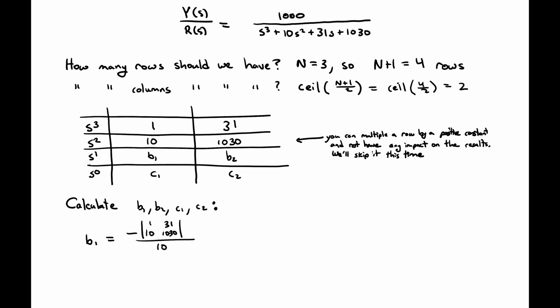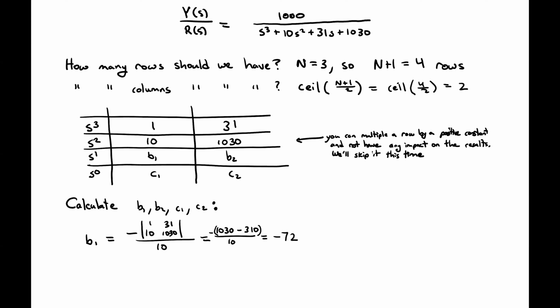Then we go to B1, we go up a row, we go 1 column to the right, which has 31 and 1030 in it. That's our right column for this matrix. We're going to take the determinant of that, make it a negative, and then we're going to divide it by going to B1, going up a row, going all the way to the left, that value there, which is going to be 10, right? And we can go through and crunch out what this number would be. And in this case, we'd end up with B1 being negative 72.